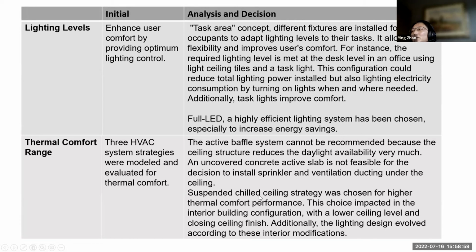So they finally decided to use that one, because the baffle system will block daylight, so it will be discarded. And the uncovered concrete ceiling slab is not good for installing sprinklers and ventilation ducts. The suspended chilled ceiling strategy is good, and so they run the chilled water through the ceiling to cool the space.